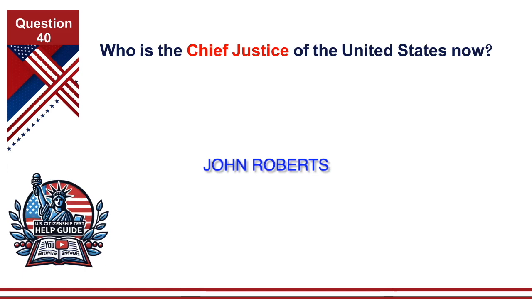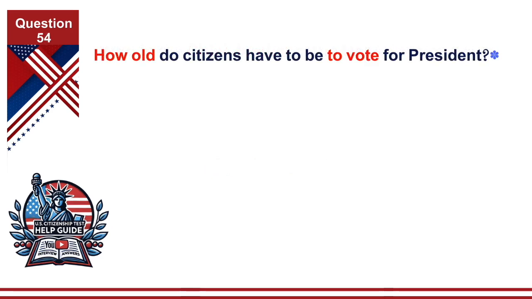John Roberts. How old do citizens have to be to vote for president? 18 and older.